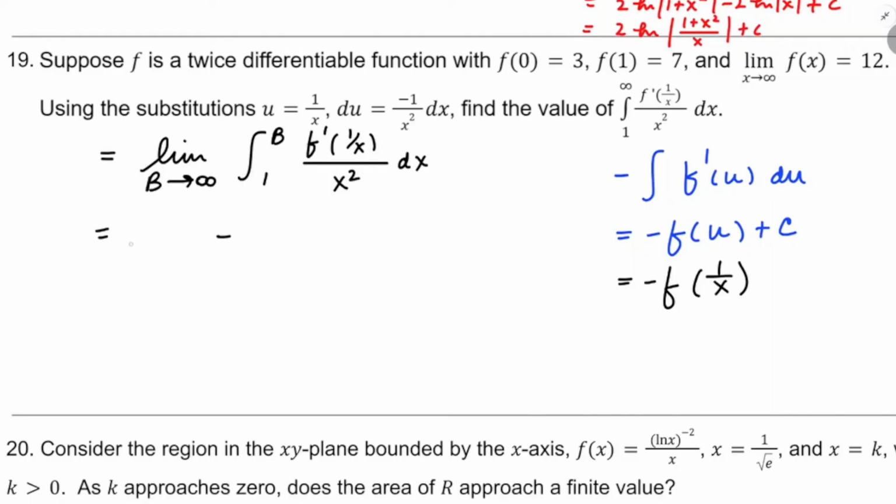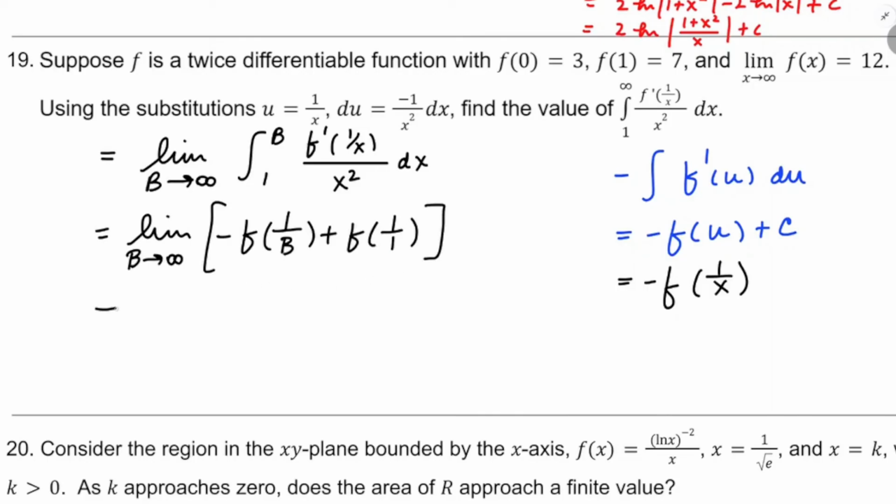So this is going to be the limit as b approaches infinity of f of 1 over b minus negative f of 1 over 1. As b approaches infinity, that's negative f of 0 plus f of 1. So that's negative 3 plus 7 equals 4.